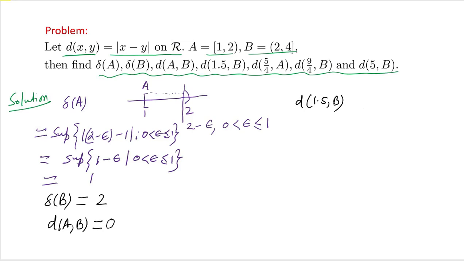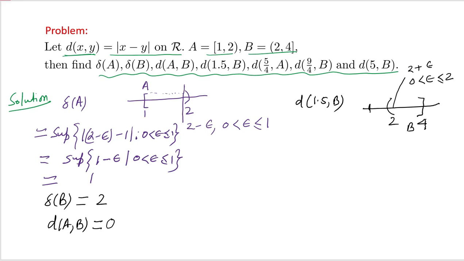Now the next is D of 1.5, B. Let us sketch the set B. Now this is the set B, and in the set B you can see that any element is of the type 2 plus epsilon, where epsilon is certainly not 0 because 2 is not present in this set, and it will go up to 2.